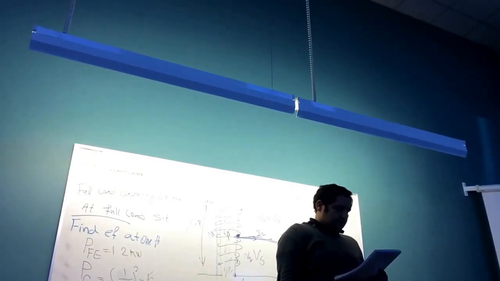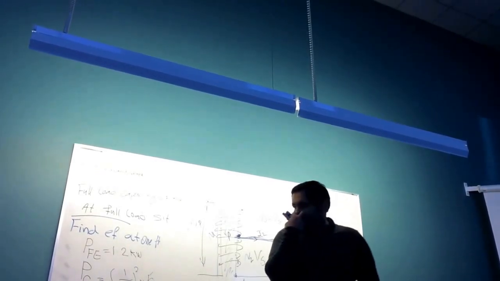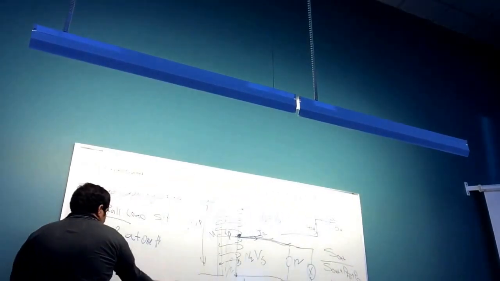Calculate number 3, the load at which maximum efficiency occurs. Because this question is exactly similar to one of the questions that we answered, so I'm happy to answer that.